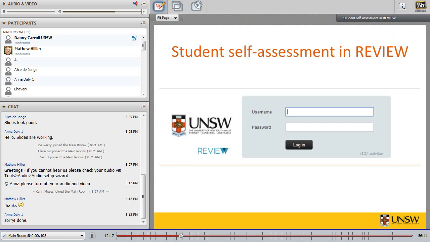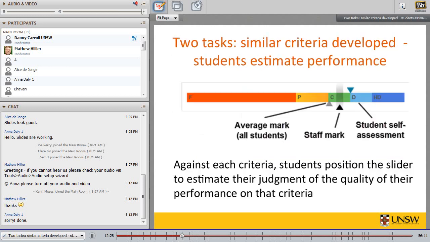So to collect the data, we used software that's used in several faculties at University of New South Wales. It's called Review. It was developed at UTS, University of Technology, Sydney, one of our frenemies in the neighbourhood. And this software permits academics to create a task with criteria and to mark against particular criteria, but also to allow students to do self-assessment.